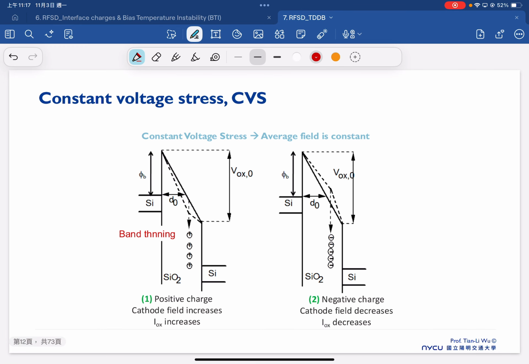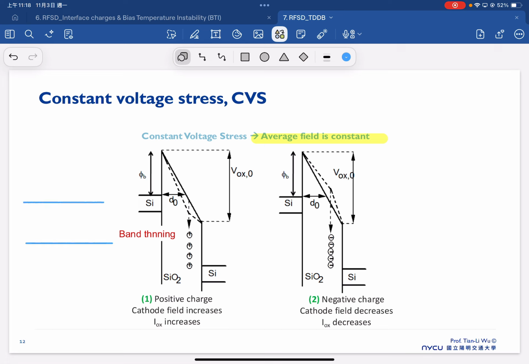This is some more detail for the constant voltage stress. When we do the constant voltage stress, the average field is constant. There are two steps here. The first one is that there's a positive charge. Here we call it the anode and the cathode, because in the early time we only considered the case where we have the dielectric, SiO2, in between.